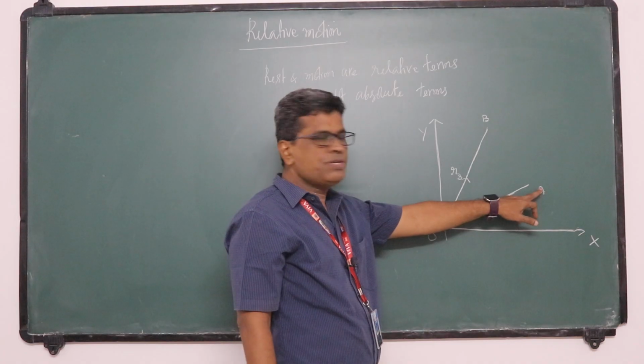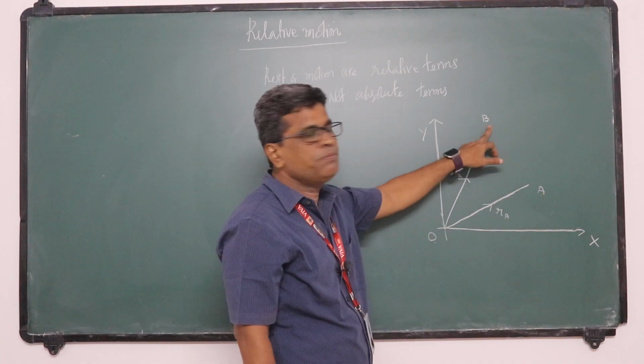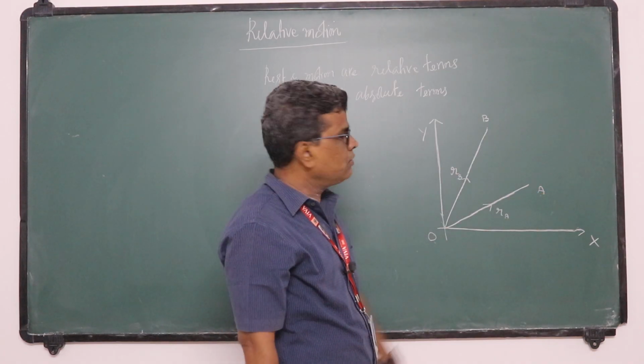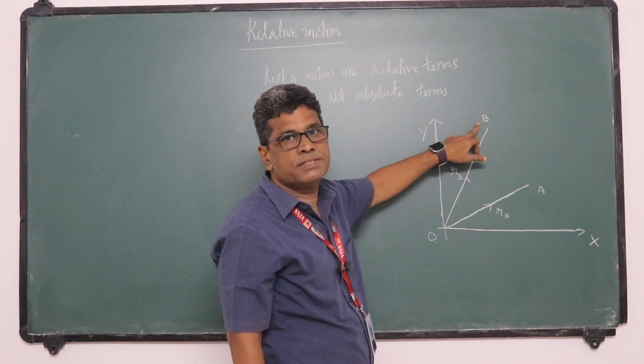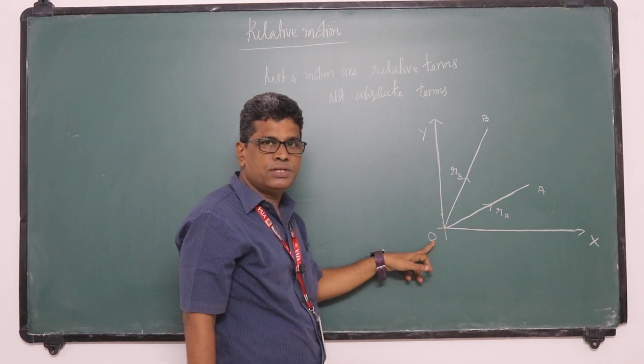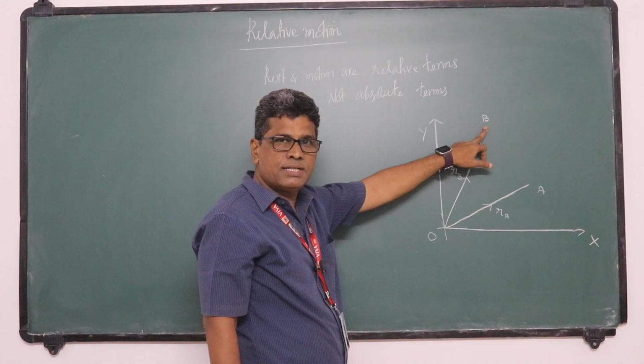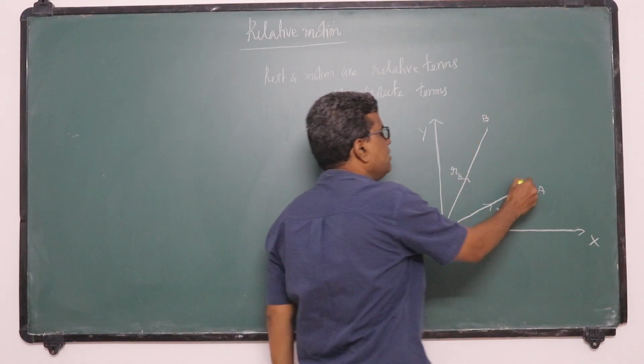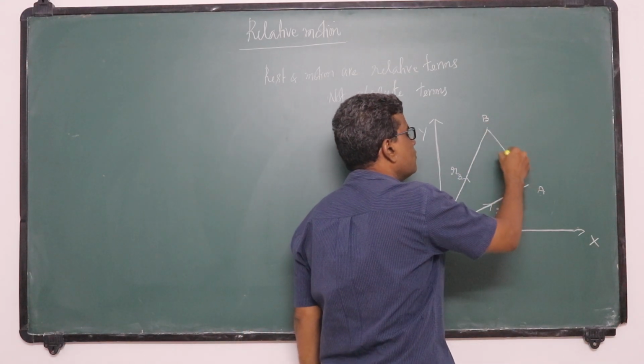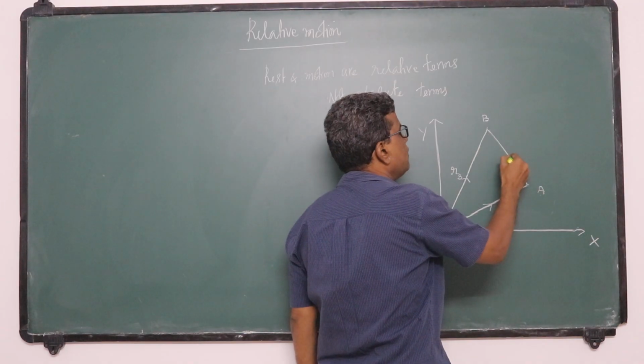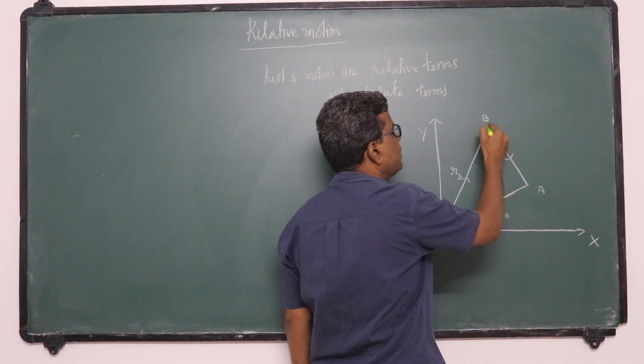I want position of A with respect to B. Okay. So now I will take this one as a reference. Why I have to take origin? Instead of, I will take this B as a reference. So I want position of A with respect to B. Okay.